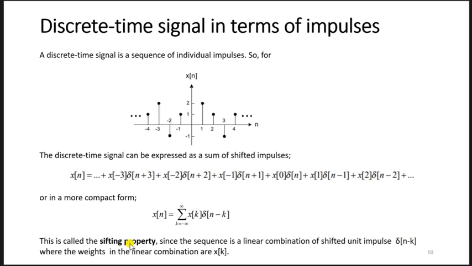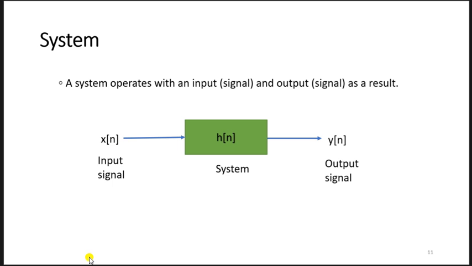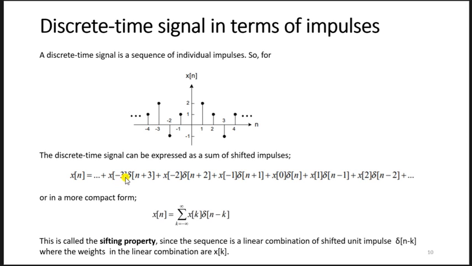When we sift flour to make a cake, what is caught in the sieve is the unwanted part. But sift means that you take out only what is important. So that is why it is called the sifting property, because of the weights, the coefficients of the weights on the impulse. That is what it is referring to.